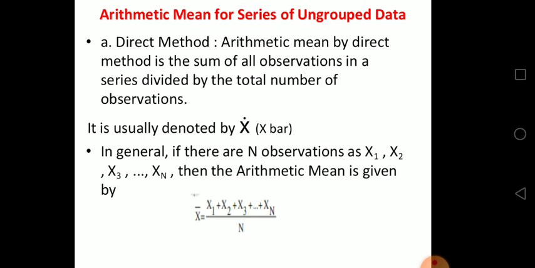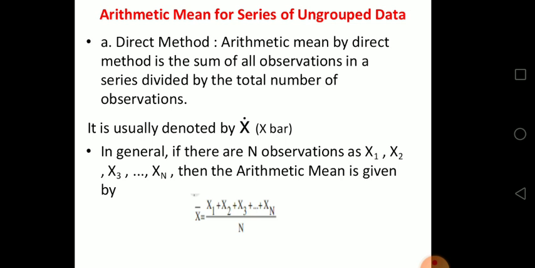So generally, if there are n observations such as x1, x2, x3, and so on to the last value, which is xn, then the arithmetic mean is given by the sum of all observations, x1 plus x2 plus x3 up to xn, divided by the total number of observations, or the number of elements, which is n.